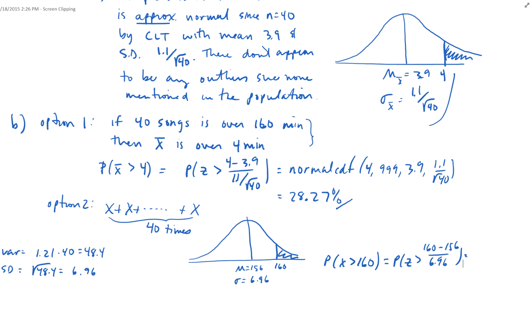And if I do that, I'll do second, normal CDF, 160, a big number, 156, 6.96, and I get 28.27. So I get the same answer. Either way, you're good to go. Okay, there you go.